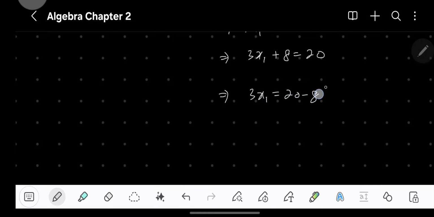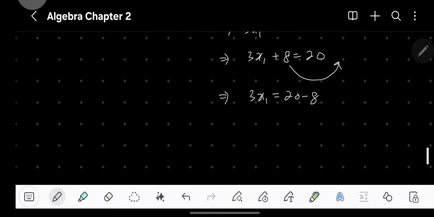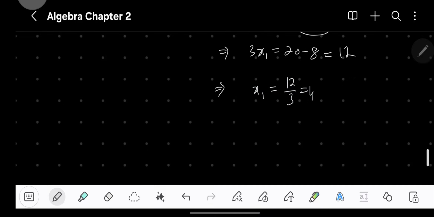I will take the 8 to the right side, so 3x1 is 20 minus 8, which is 12. Now I will divide both sides by 3. So x1 is 12 by 3, which is 4. So x1 is 4.